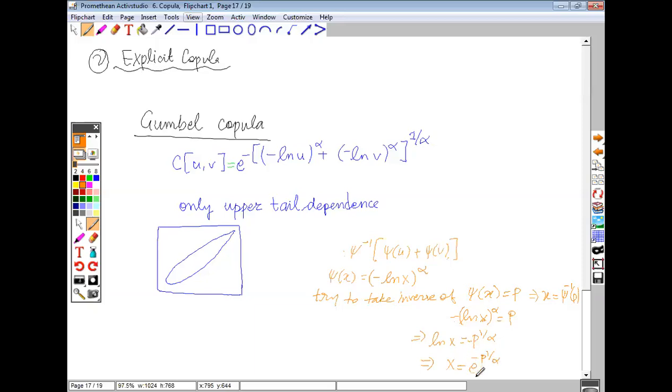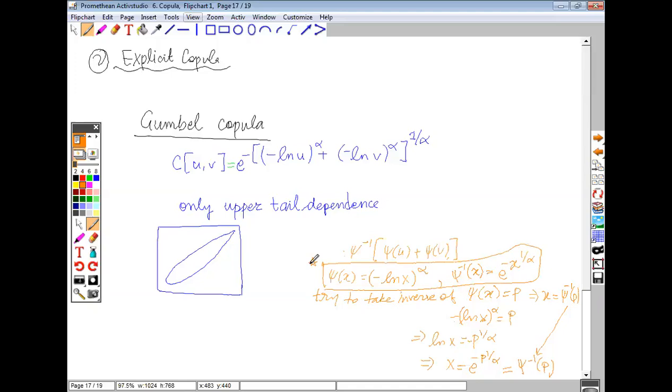So now you know that this thing right here is your psi inverse of p, right? So if you were to define this psi inverse function, for psi inverse of x, it's going to be e raised to minus, instead of p, I will write x, raised to 1 upon alpha, right? So this is what you have now derived.